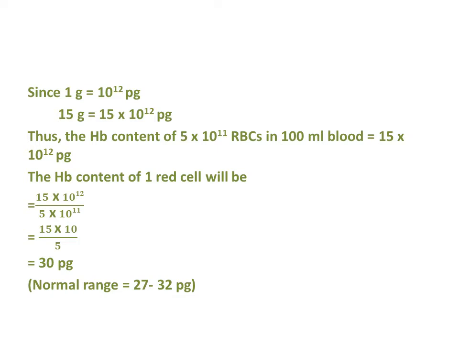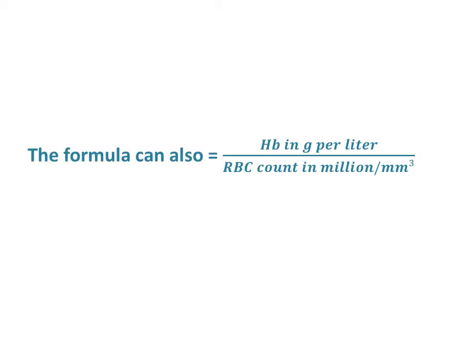And the normal range of MCH is 27 to 32 picograms. So, the formula of MCH can be expressed as a ratio of hemoglobin in gram per liter and RBC count in million per cubic millimeter.